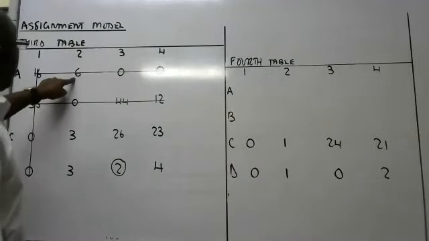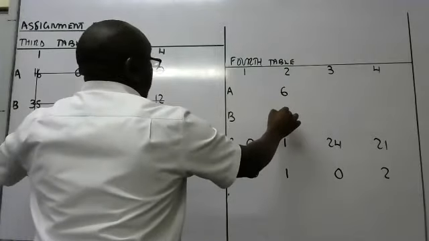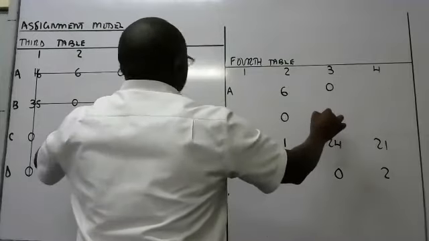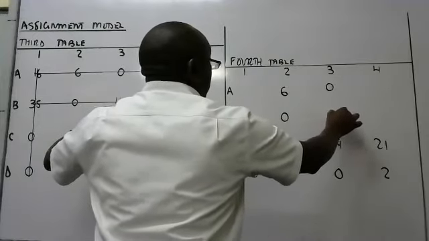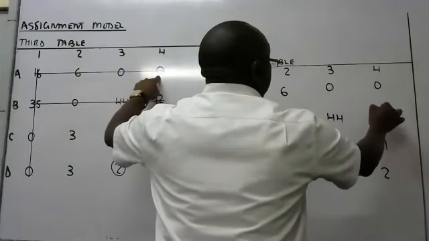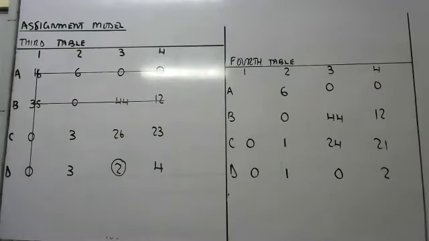Then when we come to column 2, 6 remains here. 0 remains. Column 3, 0 remains. This is 44 and 0, and this is 12. So any value that is crossed over once remains.